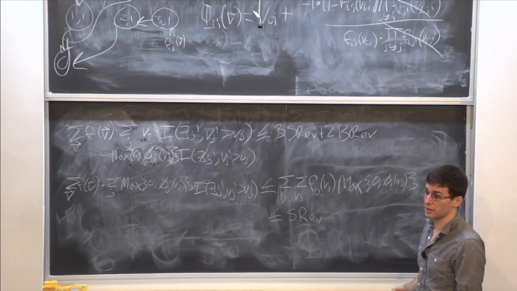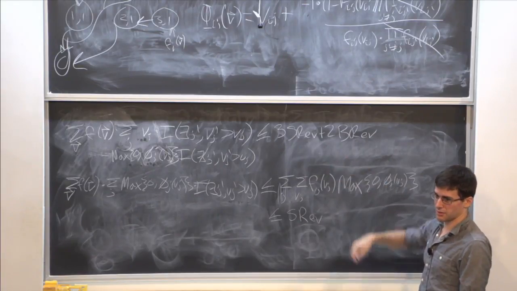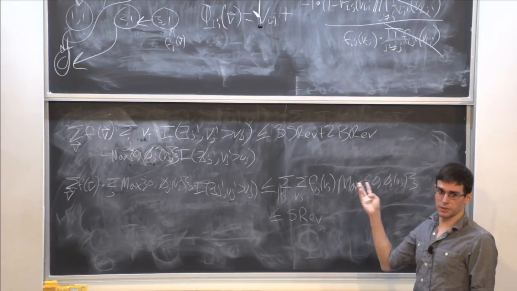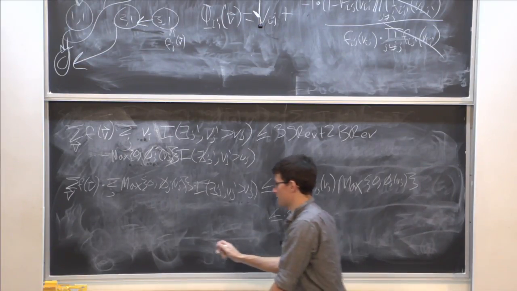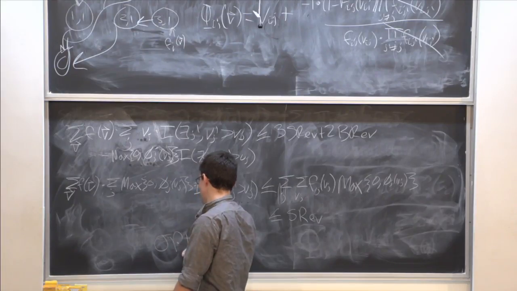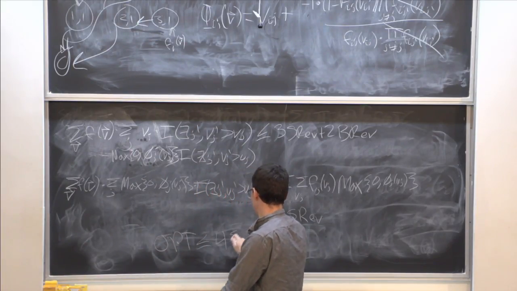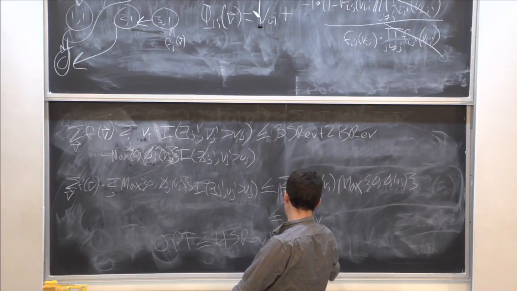Sorry? Can it actually be 6, you mean? I don't know any examples yet. So what you would conclude from this is that the optimum for this case is upper bounded by 4 SRev plus 2 BRev.